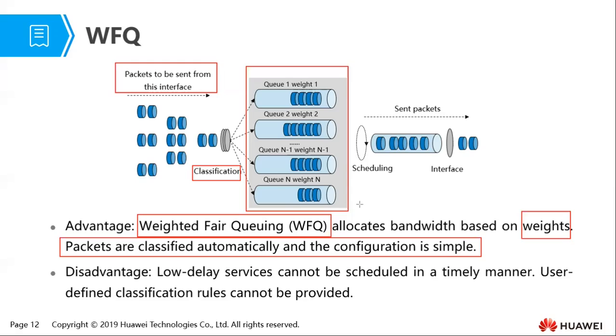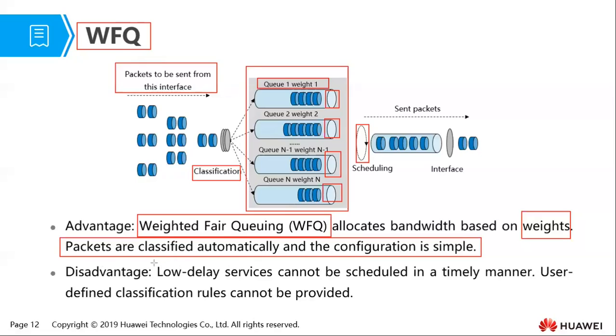So what happens really is when you're talking of Q1 here and the weight, so if this particular interface is a 1 gig, then this one, for example, will take 30% of the 1 gig. This one will take maybe 20%, then maybe this one 10%, maybe this one 5%. So with that kind of bandwidth reservation for each of the queues, it actually becomes possible to forward packets from every queue in a fair manner. So that's why it's called a weighted fair queue.